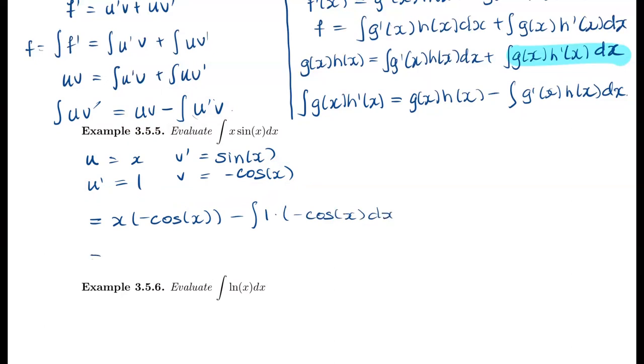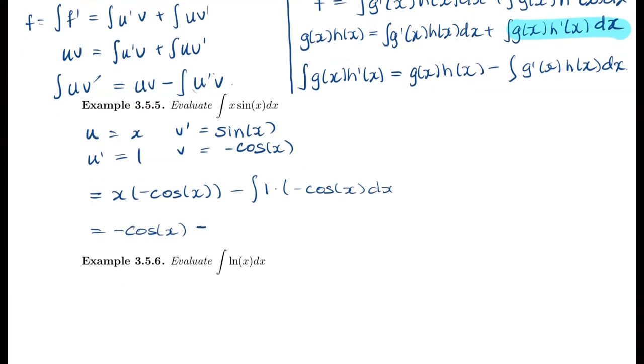So that means we have this negative x cos of x, plus this time the integral of cos of x, which is going to be positive sine of x, plus c. So that is one way we could do this.